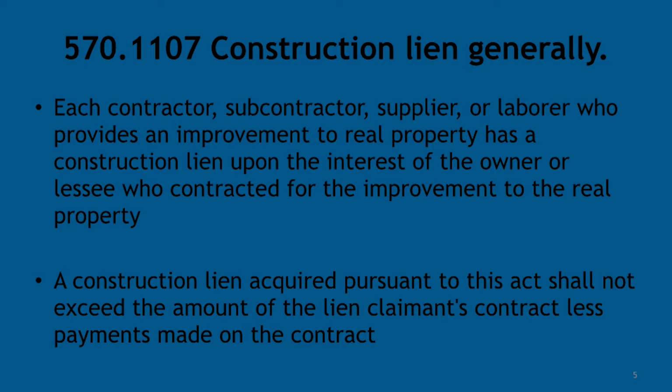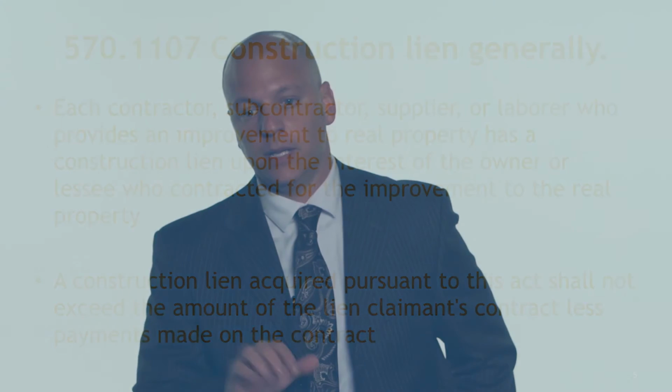Each contractor, subcontractor, supplier, or laborer who provides an improvement to real property has a construction lien upon the interest of the owner or the lessee, the tenant, who contracted for improvement to the real property. Break that definition down just a little bit. It's an improvement to real property. If you don't know the distinction between real property and personal property, you need to know that because it's only for the real estate.